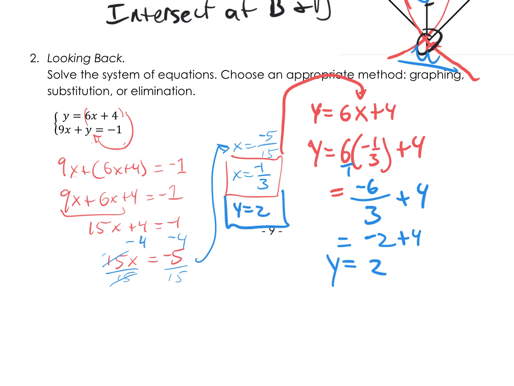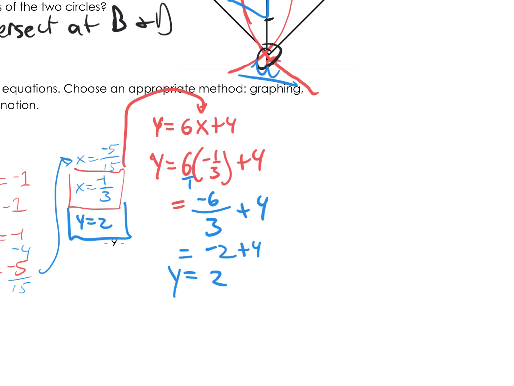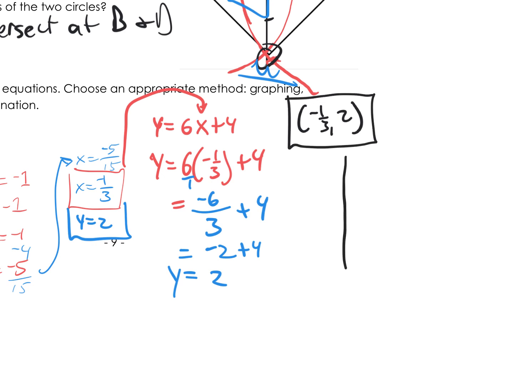There you have it. Okay? Now what did we really find? Well, we really just found a point. We found the xy coordinates of a point, negative 1/3, comma 2. That's the final solution. Okay? So when we're solving a system, remember, we're finding out where the two lines cross.